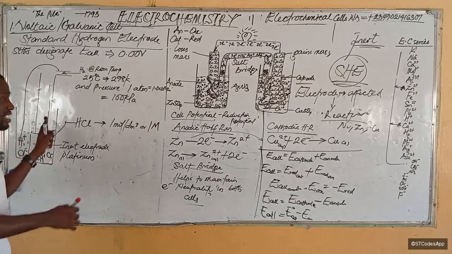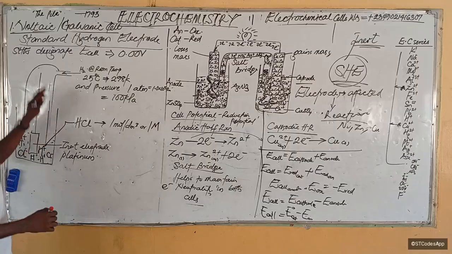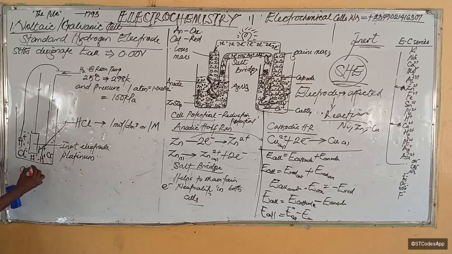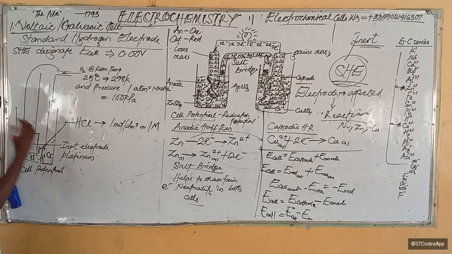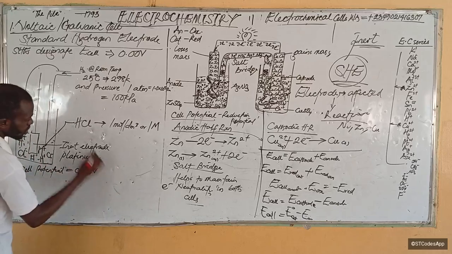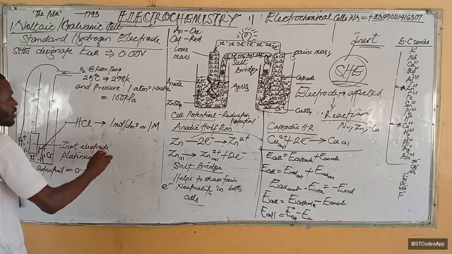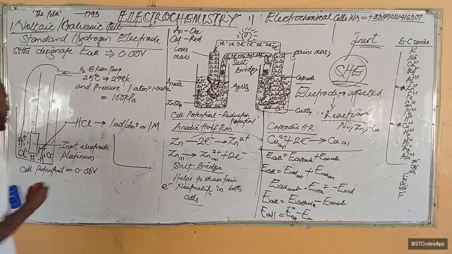This gives the cell potential for a hydrogen electrode, designated as 0 volts, as I have told you. Now, what you want to do is connect this to another system here.